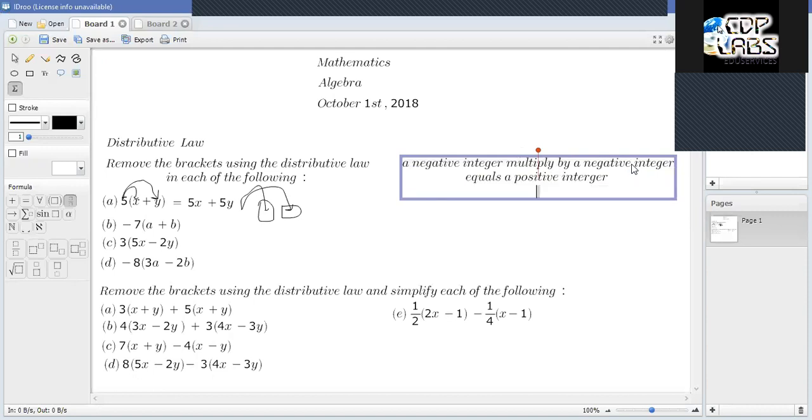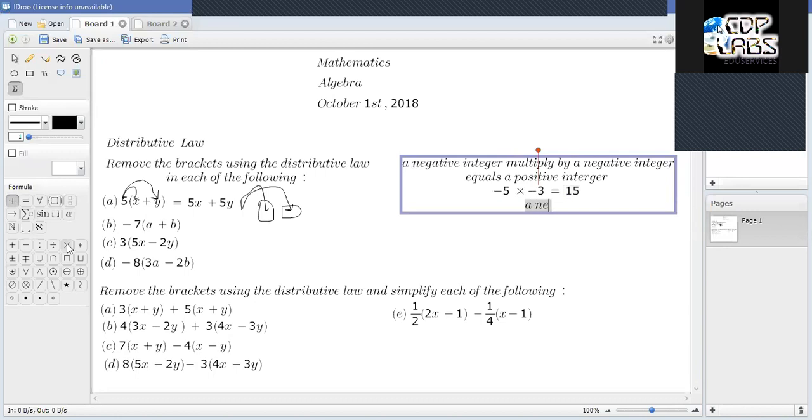So that means negative 5 times negative 3 is equal to positive 15.